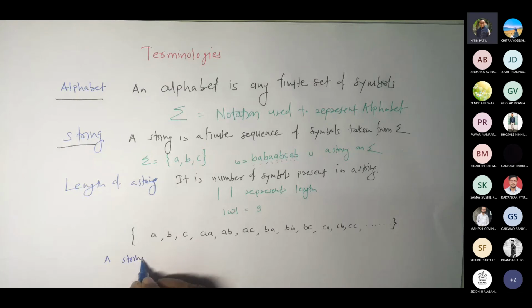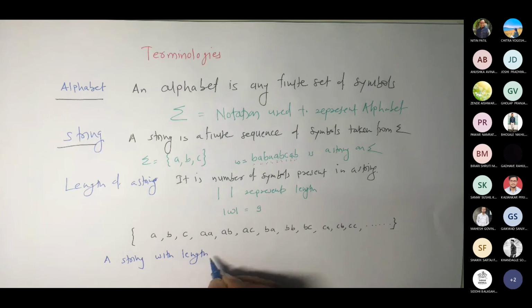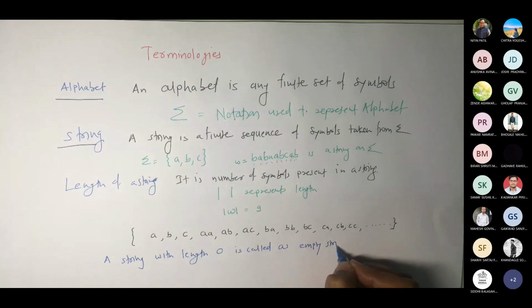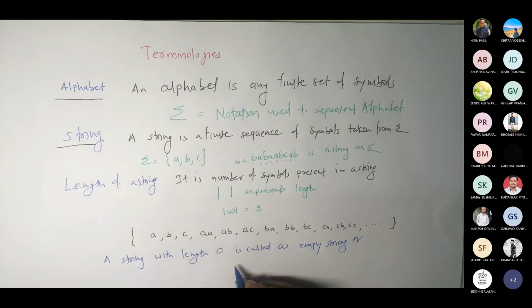A string with length 0 is called an empty string or null string.